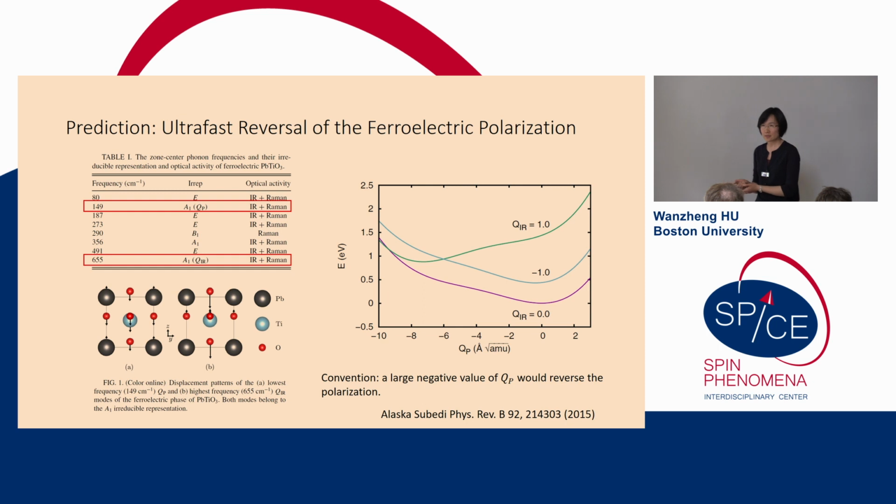In his convention, negative Q_P would reverse the polarization. When you drive the IR coordinate to large positive amplitude, the free energy curve has its minimum at a very large negative Q_P. So the system would flip the ferroelectric polarization once you drive the high energy IR phonon.